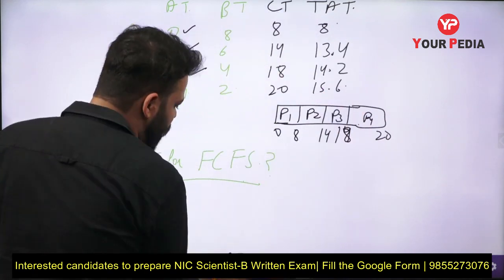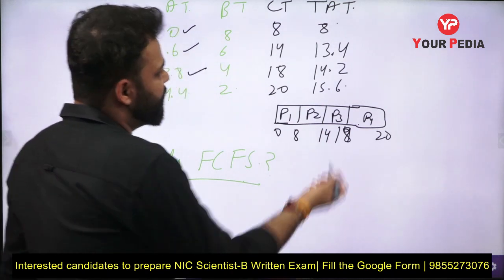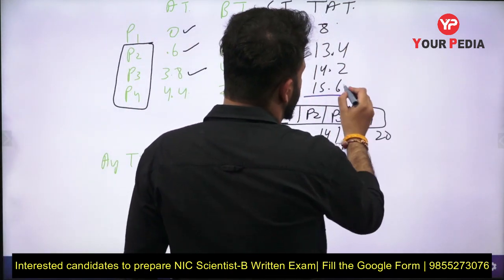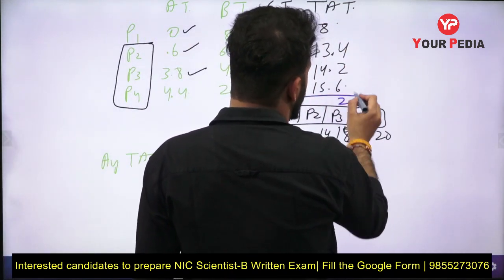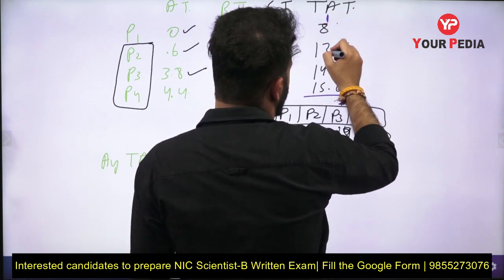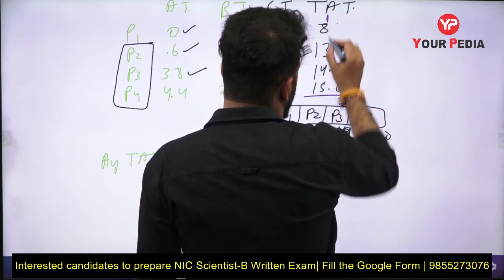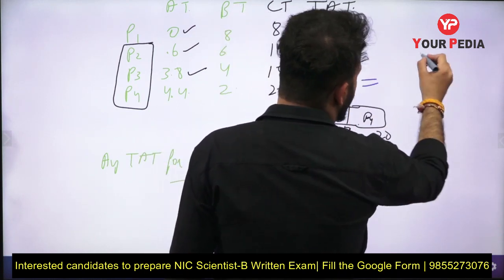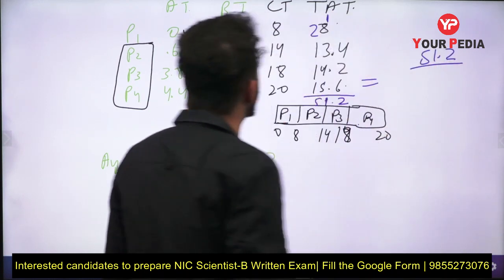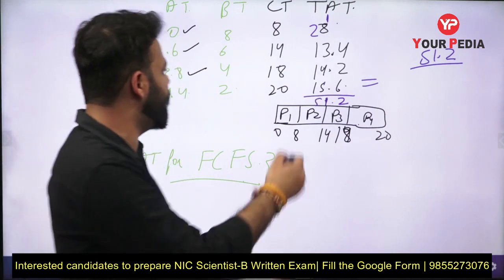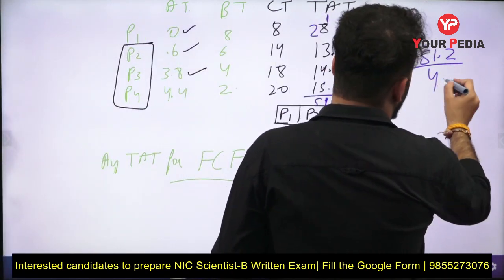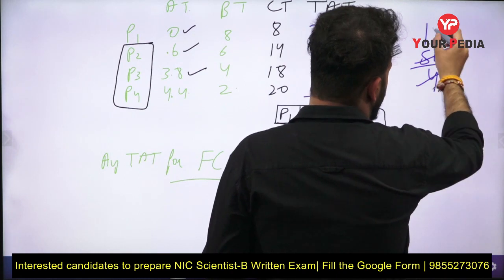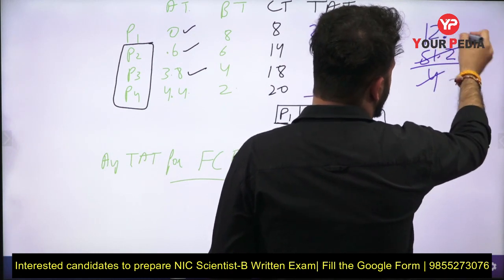If you find the average turnaround time, the sum is 51.2, divided by the number of jobs, which is 4, so it is 12.8.